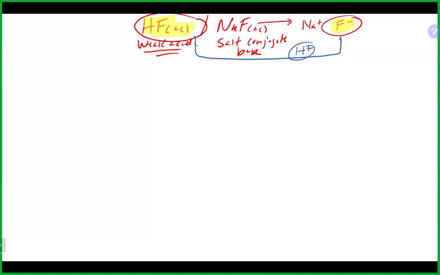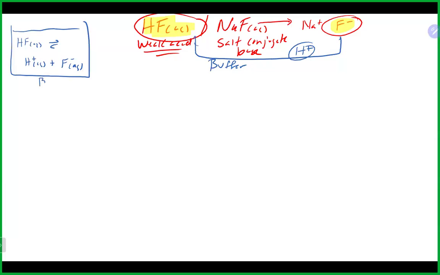So what's going to happen when we make this sort of buffer is we will have our beaker, and when we put our HF in there, because it's a weak acid, it will set up that equilibrium in the solution. And it will break apart a little bit because it is a weak electrolyte, so it will produce a little bit of ions in that solution.